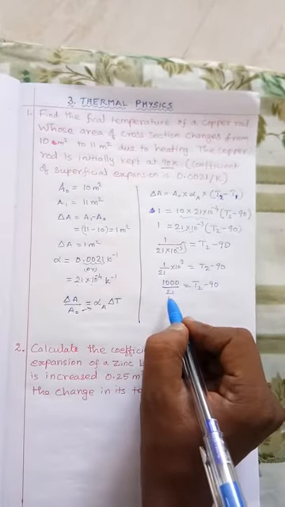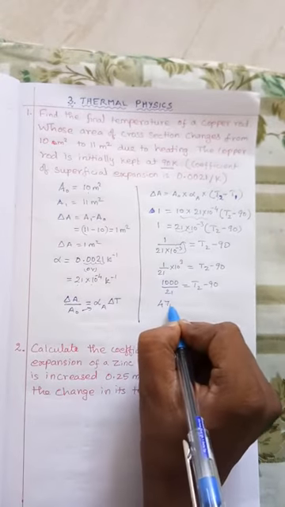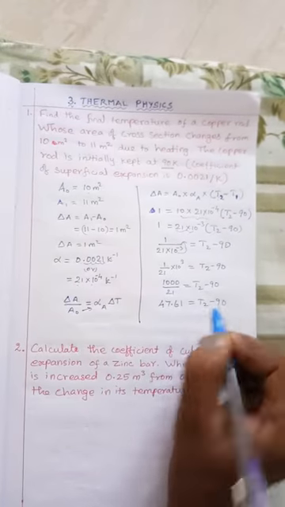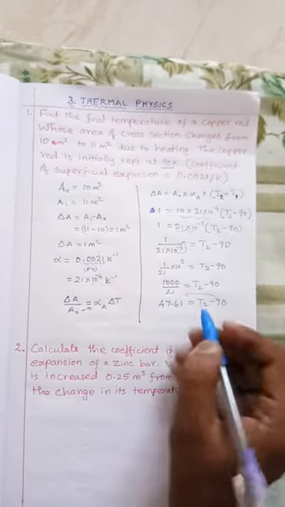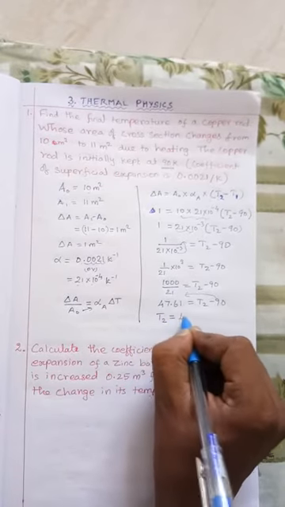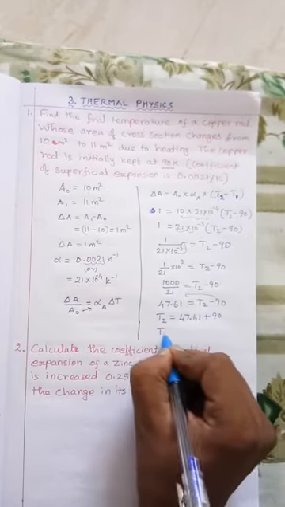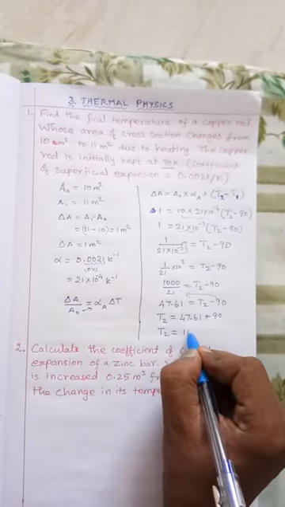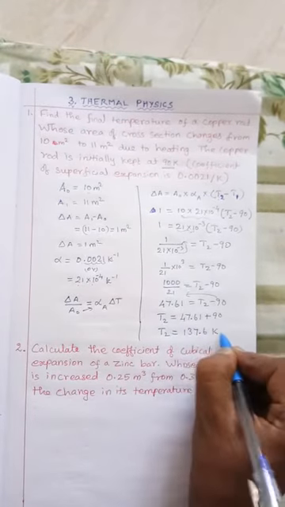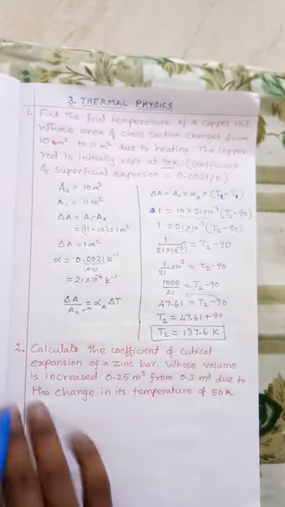Simplifying 1000 divided by 21, you will get 47.61 is equal to T2 minus 90. To find T2, take the 90 to the other side: T2 is equal to 47.61 plus 90. So T2 is equal to 137.6. The unit of temperature is Kelvin. This is the final temperature of the copper rod.